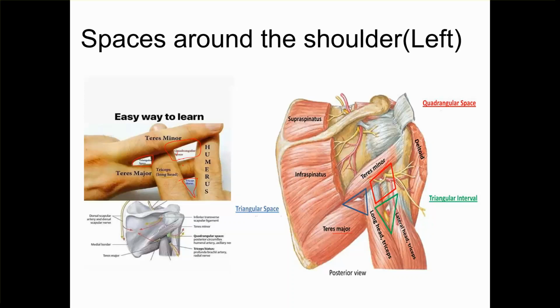So this is your quadrangular space, and you need to know the structures present in it. You can see there is an artery and there is a nerve. The nerve will be the axillary nerve, and the artery will be the posterior circumflex humeral artery.